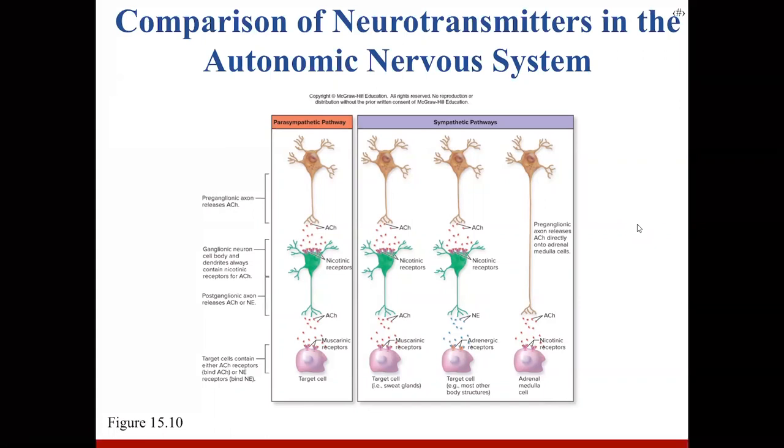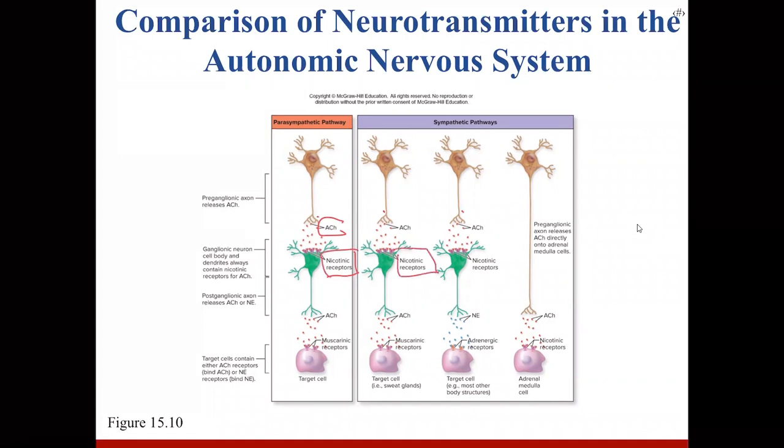If you look at these preganglionic axons, all of them release acetylcholine. That means that they're cholinergic. Then they can bind to different types of receptors. They bind to nicotinic receptors for the most part.